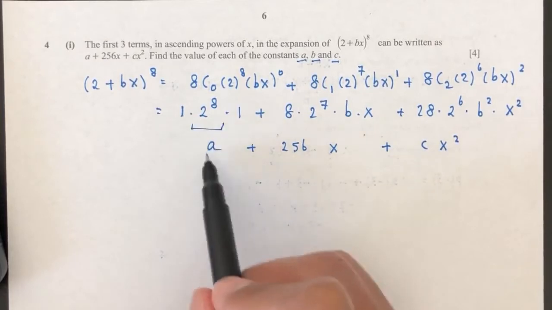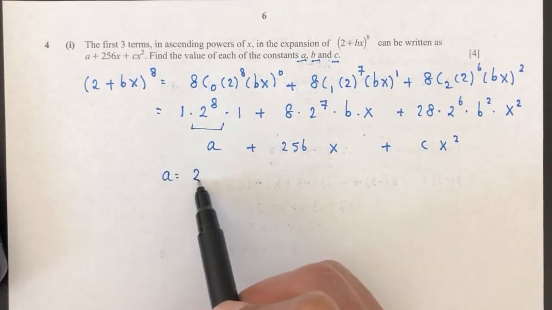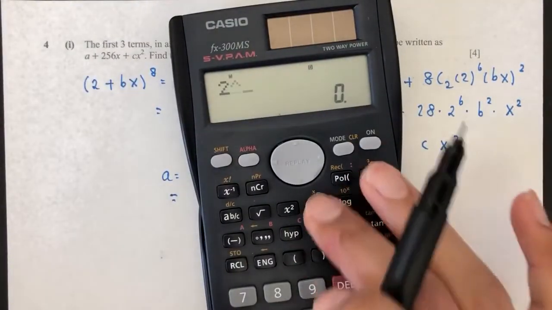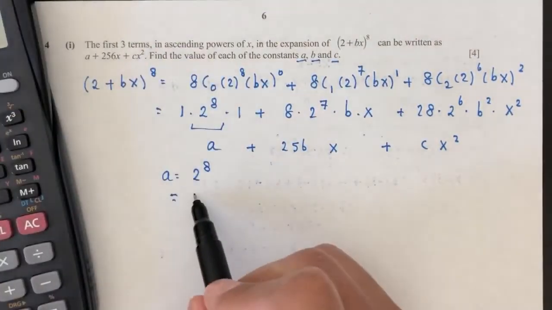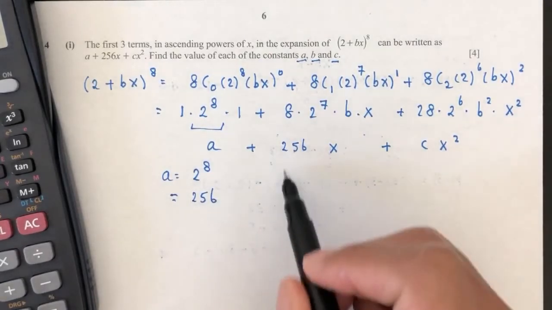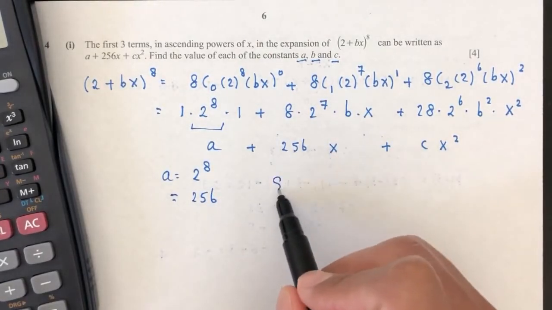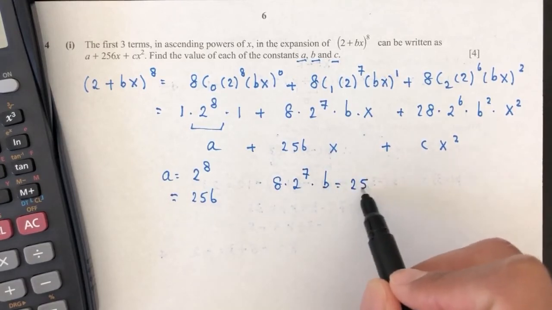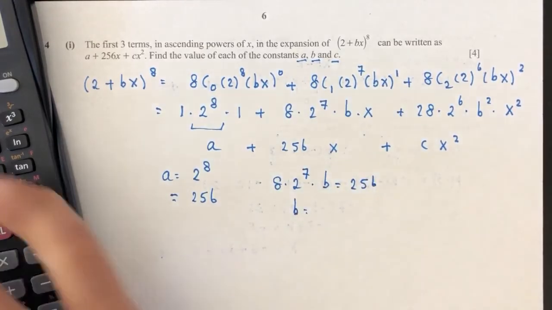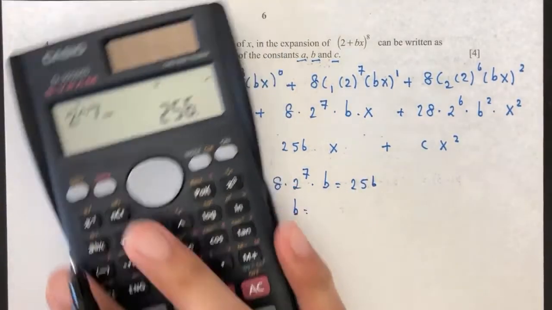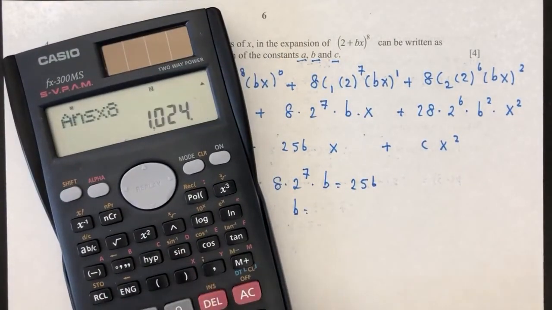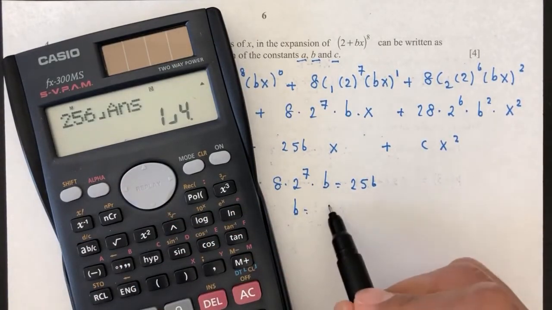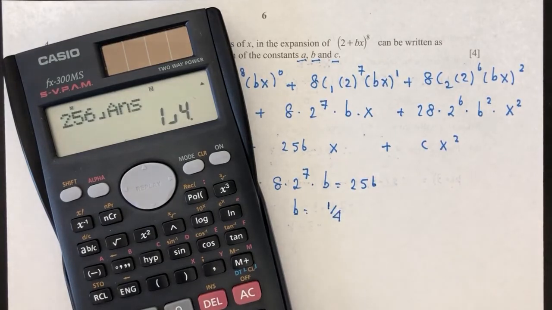So a is equal to 2 power 8, which is 256. Now for b, we have 8 times 2 power 7 b equal to 256. So b equal to 256 divided by 2 power 7 times 8, that will be 1 over 4. That's the value of b.